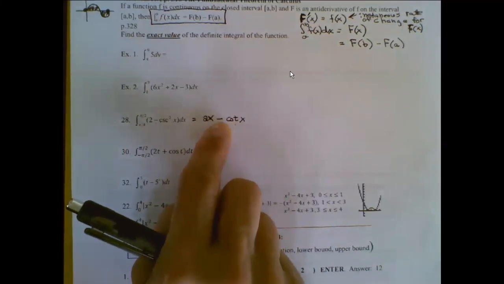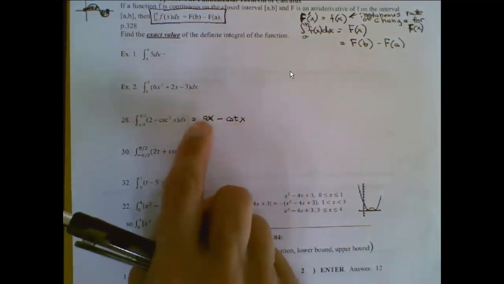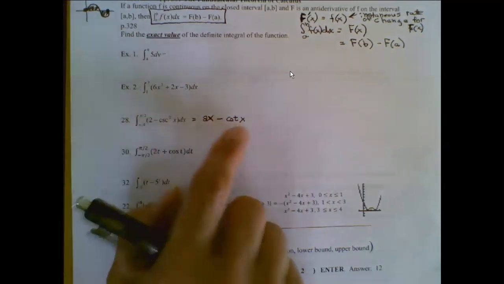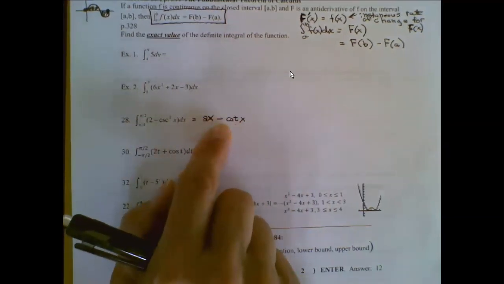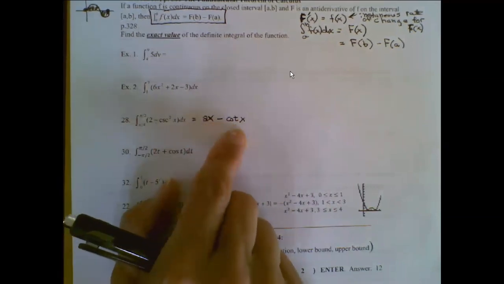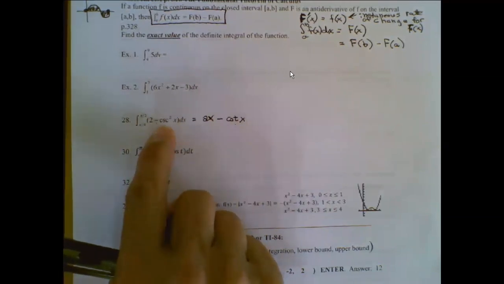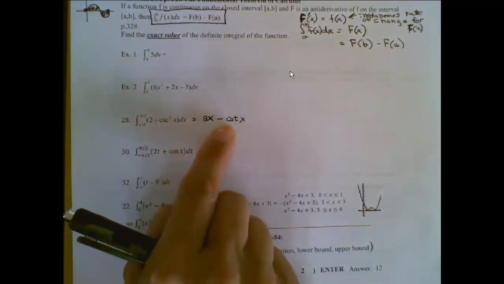But the beautiful thing about anti-differentiating is you can always check it. If you take the derivative of 2x, you do get 2. If you take the derivative, ooh, I'm glad we're checking this. If you take the derivative of negative cotangent, you would get positive cosecant squared. So that's not right.